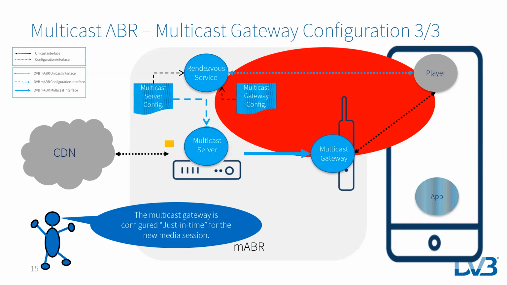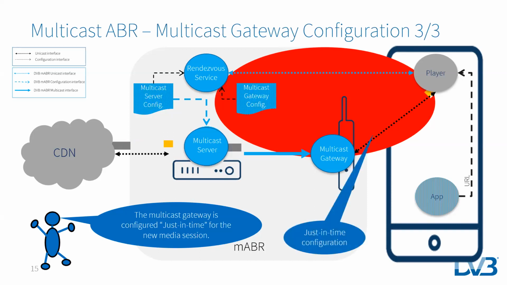So let's start. Again, the multicast server multicasts the content to the multicast gateways. On the top, the player has requested a content, the rendezvous service has accepted the request, and has redirected the request thanks to HTTP redirect, and has piggybacked what we call a just-in-time configuration that will be digested by the multicast gateway.